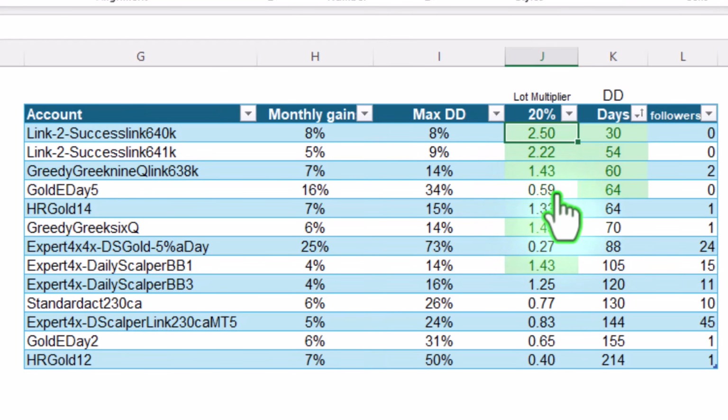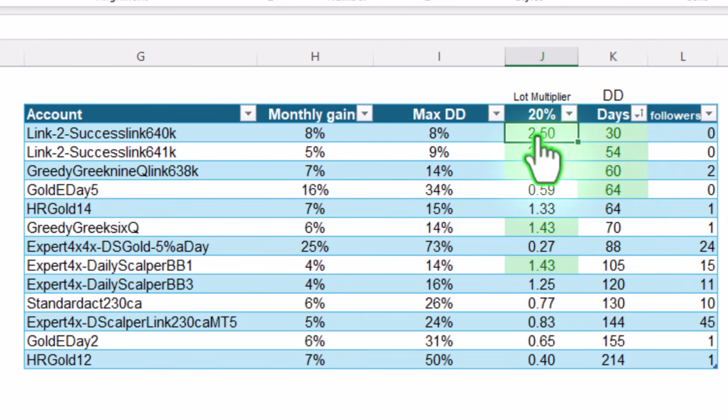Now you'll see there are some lots under 1 because they're more dangerous, they have high drawdowns, and there are ones that are over 1 because they have fewer drawdowns. Now I hope that makes sense. So if you then combine the two, and again the top ones have the green color, and you say, all right, which of those accounts have the best ratios?